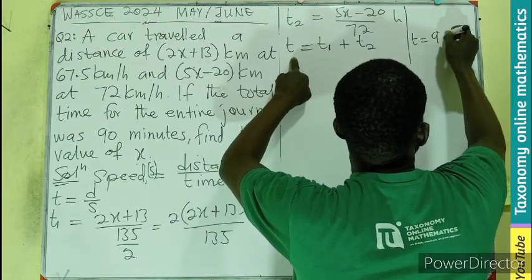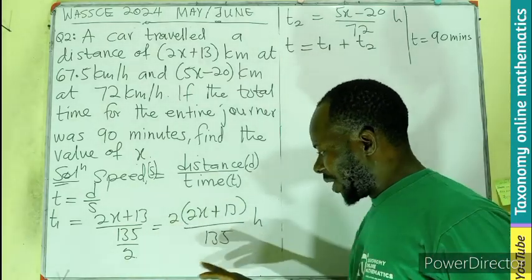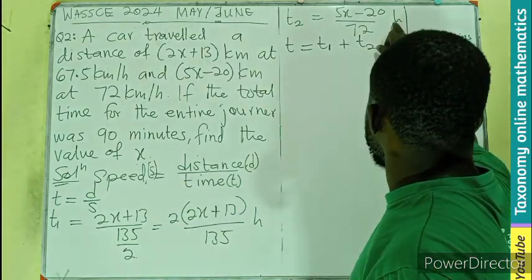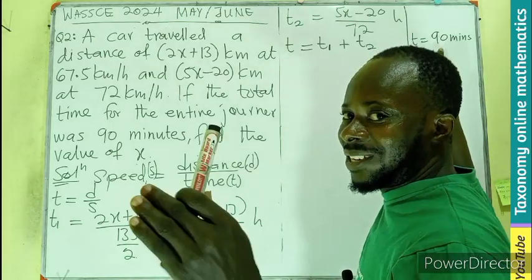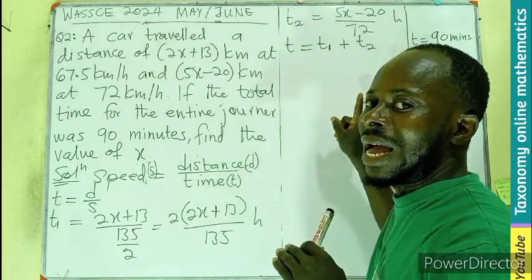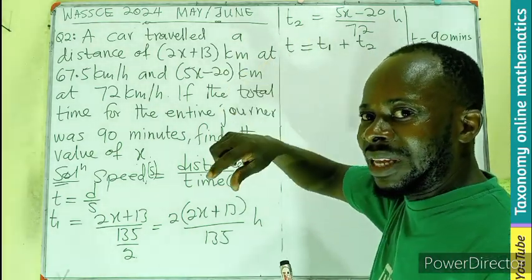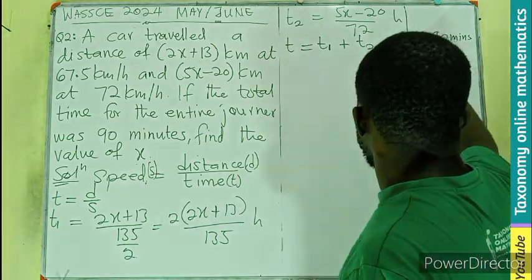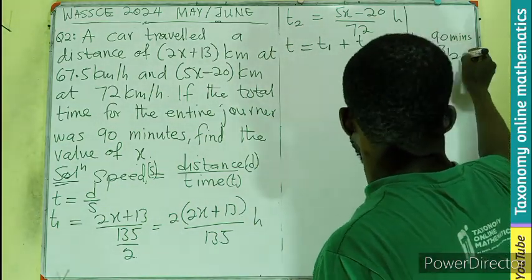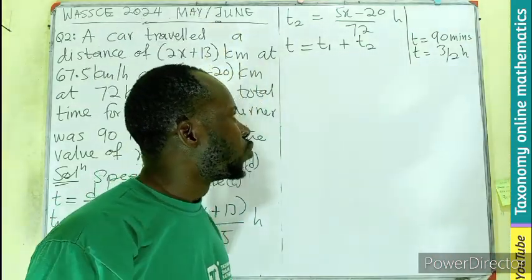The first and second times are in hours, so the total must be in hours as well. 60 minutes gives us 1 hour, so 90 minutes is 1 hour 30 minutes, which is 1.5, and that is 3 divided by 2 hours.